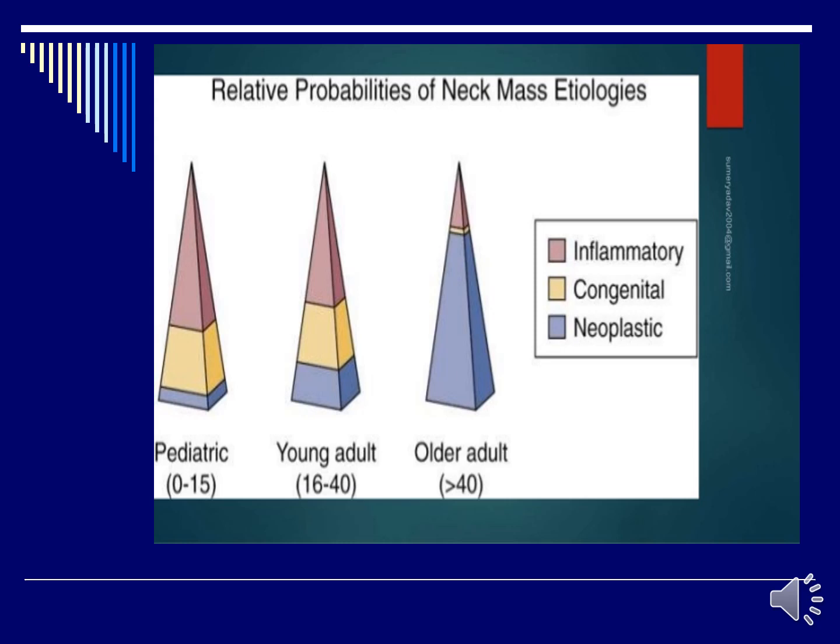Pediatrics, children and young adults have more chance of congenital and inflammatory causes of neck masses, while neoplastic causes are more common in adults over 40.